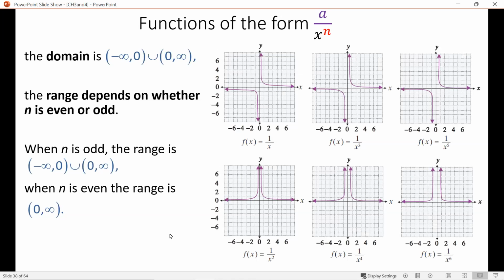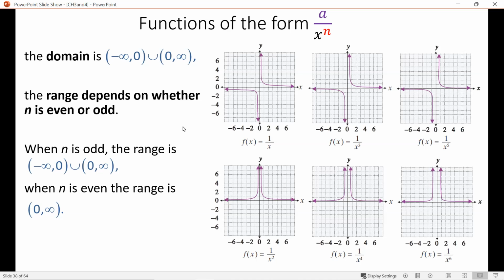So the next type are going to be functions of the form a over x to the n. Notice that this is basically equivalent to where our n, or where our exponent, is a negative number. Okay, so here we have basically negative powers, or we can say we're dividing by x instead of multiplying by x.